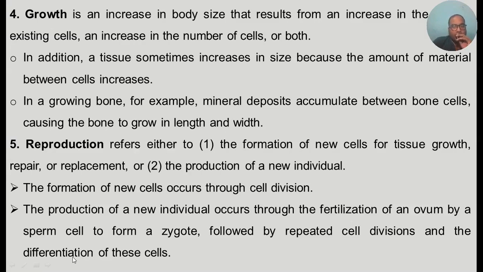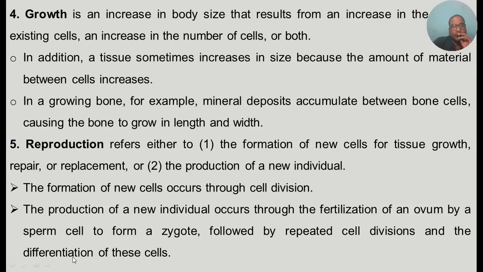So this is also a definition and example of reproduction. From two haploid cells, that is germ cells, the ovum and sperm, a zygote is formed. The zygote is a diploid cell, and the ovum and sperm are haploid cells, which are produced by different organisms of one kind.